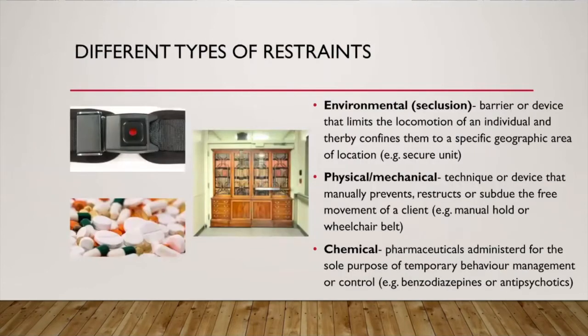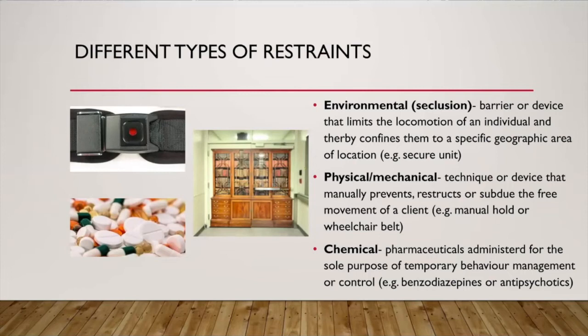Different types of restraints. There are three main types of restraints. Firstly, environmental or seclusion restraints. These include barriers or devices that limit the locomotion of an individual and thereby confine them to a specific geographic area or location. An example of this is a secured unit. A second type of restraint is physical or mechanical.